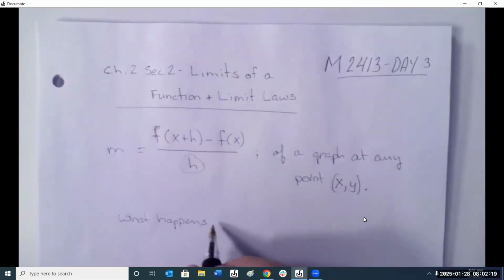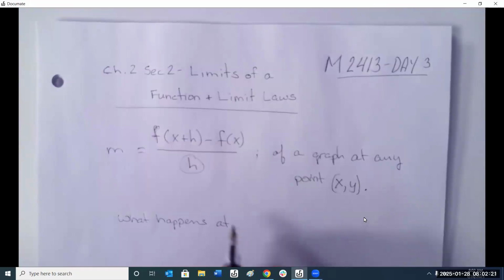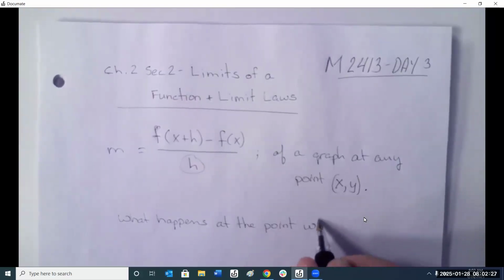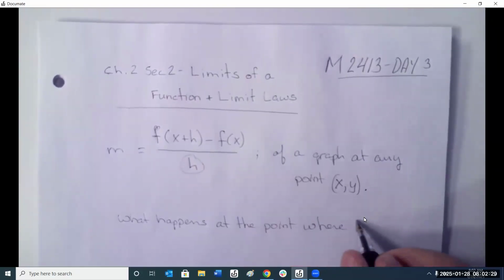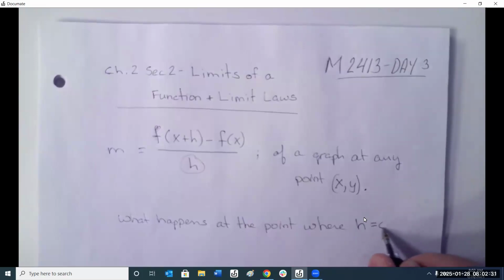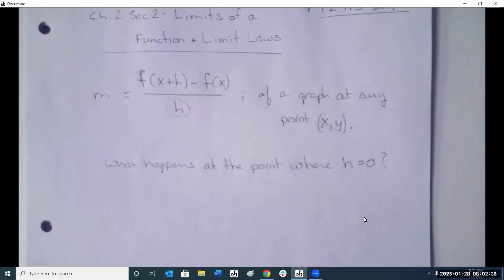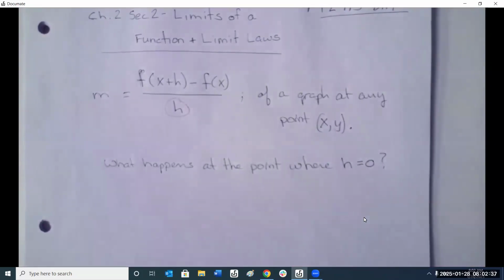what happens at the point where h is equal to 0? Or what happens to the curve? What value does the function approach as it's getting closer to h equals 0?